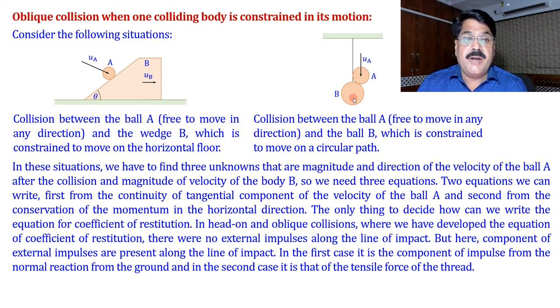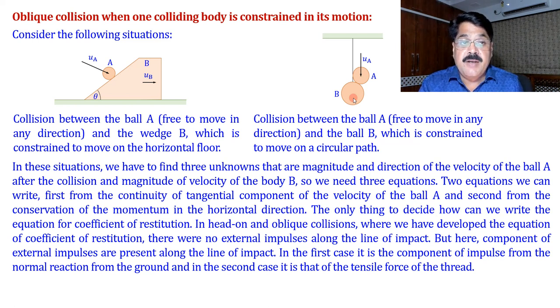Now we have to write two independent equations. In both situations, you can see there are no external horizontal forces, so in the horizontal direction the total momentum of the system will remain conserved. So we are sure about that equation. And for the third equation, how can we write the equation for the coefficient of restitution? When we developed that idea, we assumed that there are no external impulses on any of the colliding bodies.